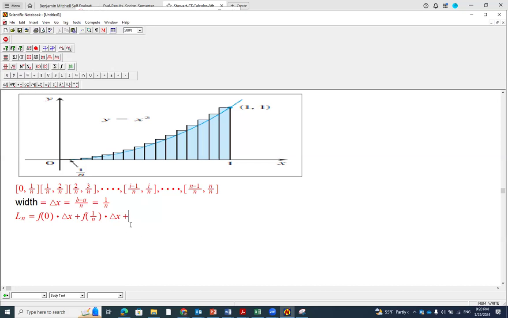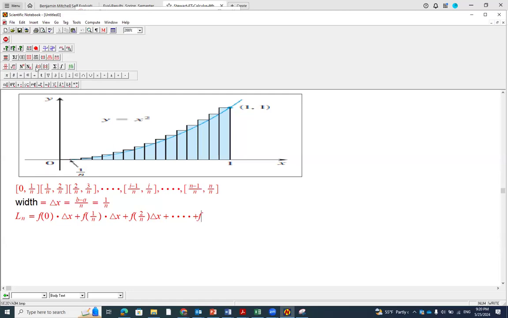We keep going: the third is f of 2 over n multiplied by delta x, and we keep adding until we get to the nth one, where we take the left endpoint.